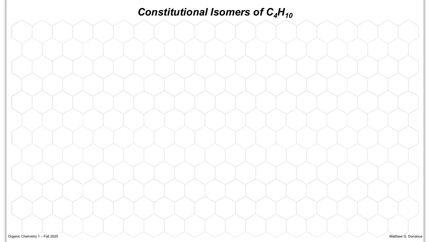So let's go through this exercise where we convert C4H10 into these structural isomers. I'm just going to start by saying linear, and that's how we'll sort of classify this.